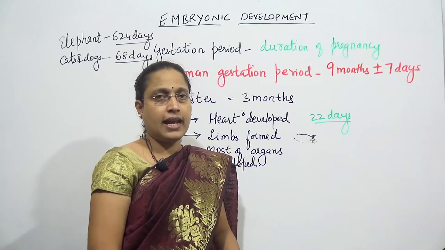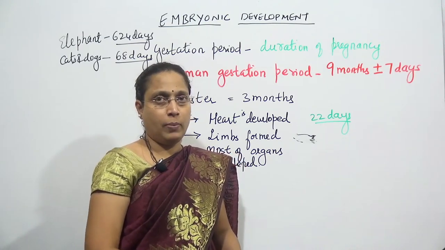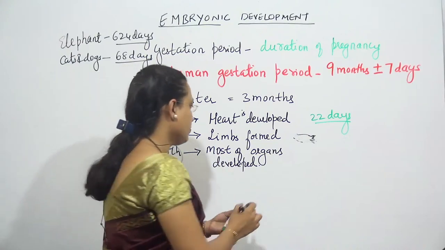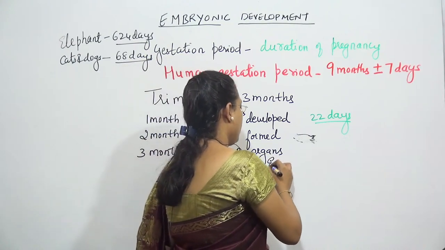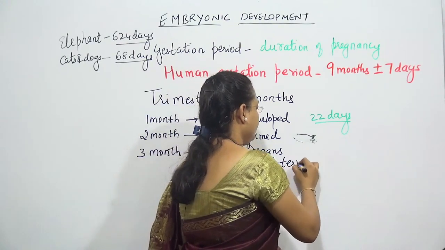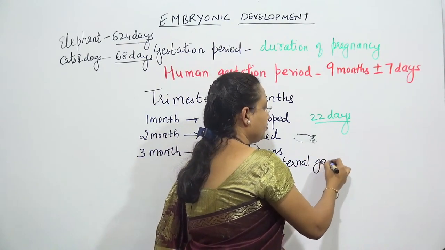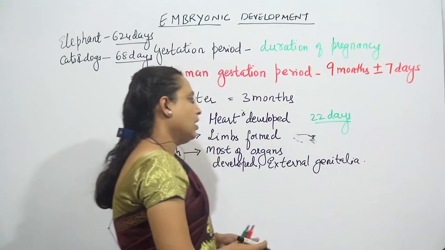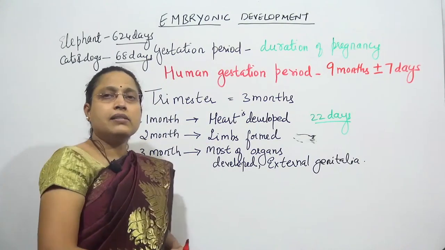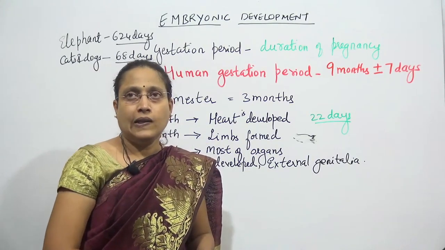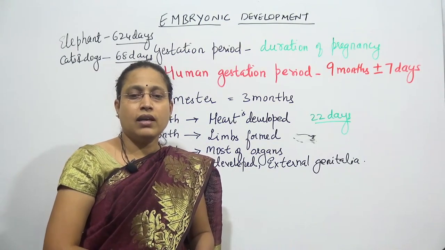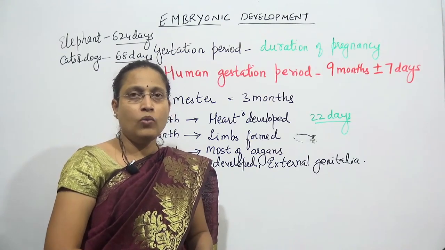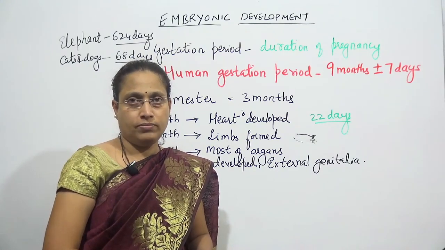That means external genitalia of male or female will be formed in this third month. So apart from this, in the third month, the cartilage, which is the skeletal system of the fetus, now will be replaced by bone.